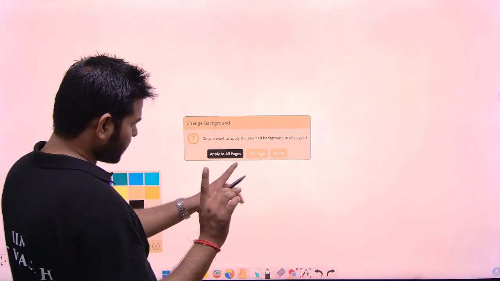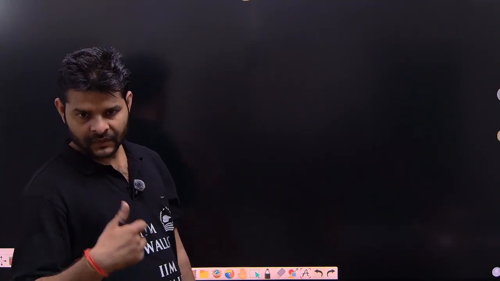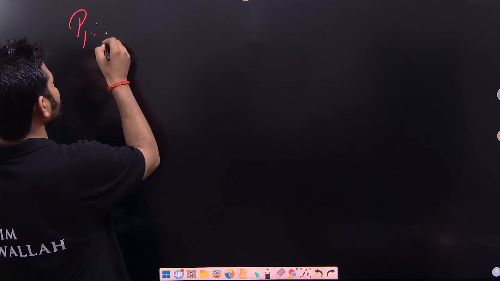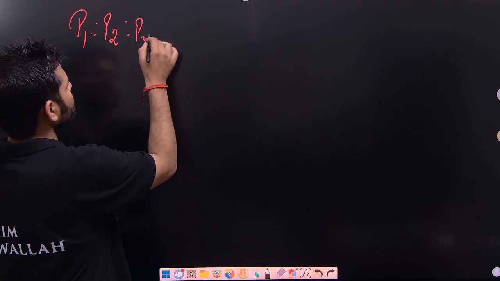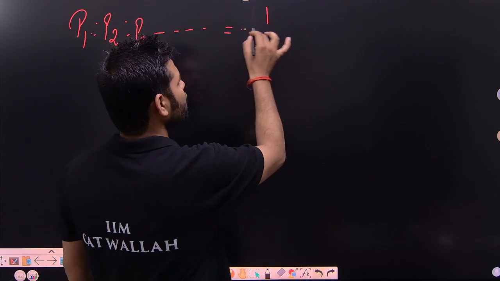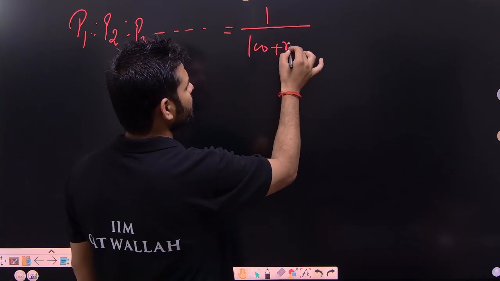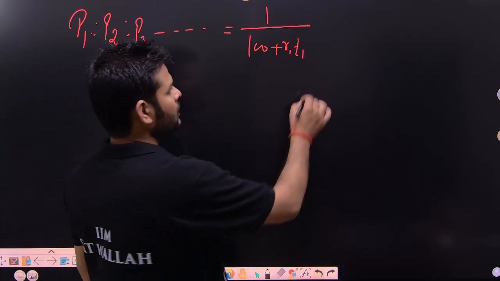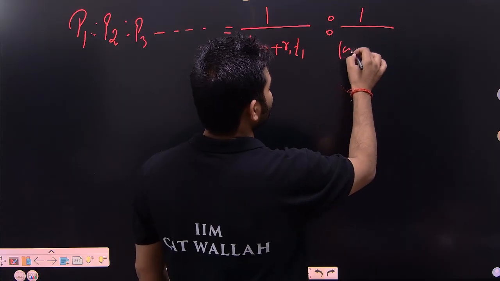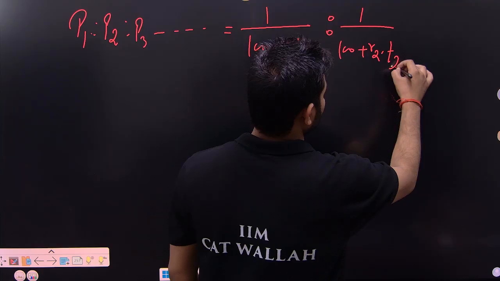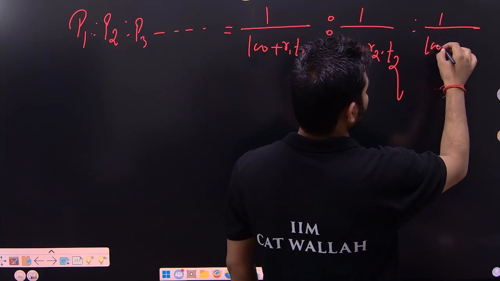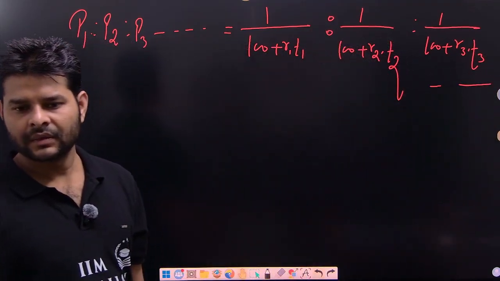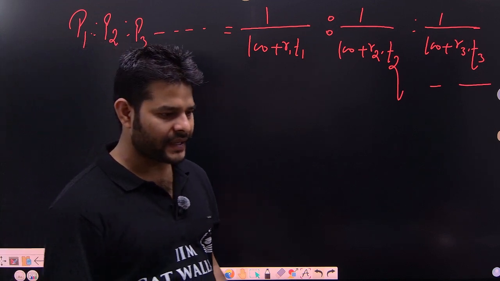If the amount is equal from all 3 parts, then for the ratio P1 : P2 : P3, the formula would be the same, but you need to add 100 plus R1 T1, and the 100 you need to add more: 1 upon 100 plus R2 T2, 1 upon 100 plus R3 T3. This is the basic difference between type 10 and type 11.